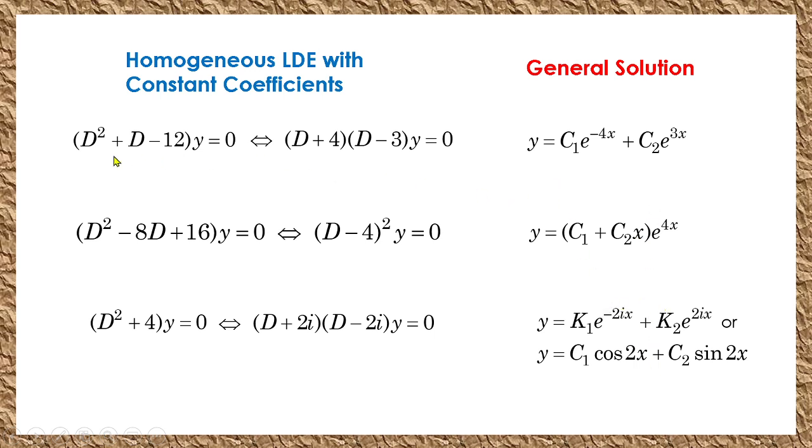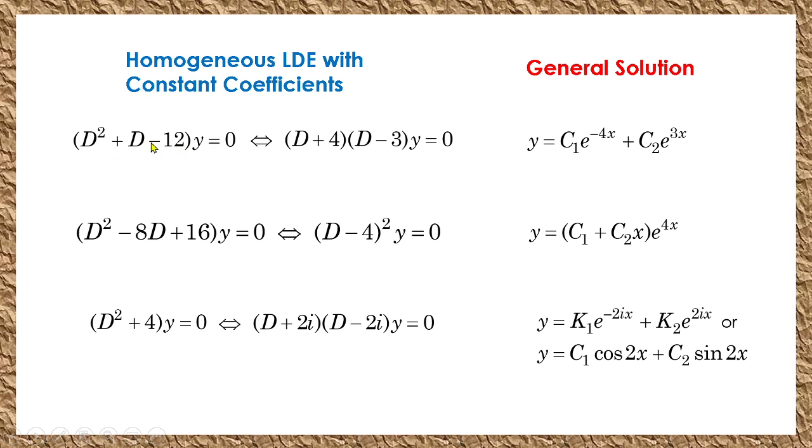So for D squared plus D minus 12 applied to y equal to 0, when you solve that, the solution is y equals c sub 1 e to the negative 4x plus c sub 2 e to the 3x. Remember, in the elimination of arbitrary constants, if you eliminate c1 and c2, what you will get is a differential equation which is y double prime plus y prime minus 12y equal to 0.